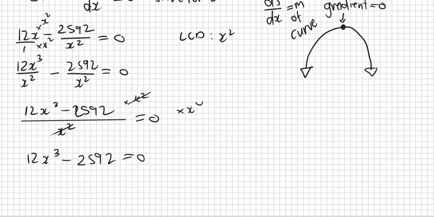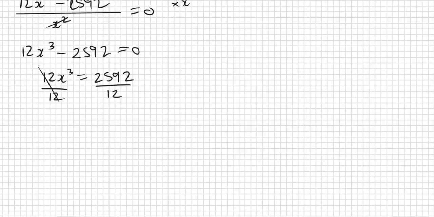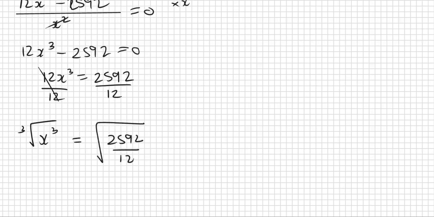Let's take the 2592 to the other side by adding 2592 on both sides. So 12x to the power of 3 is equal to 2592. Then we divide both sides by 12 to get rid of the 12. Got x cubed on its own. And to get rid of that power of 3, we cube root both sides. 2592 over 12 cube rooted.